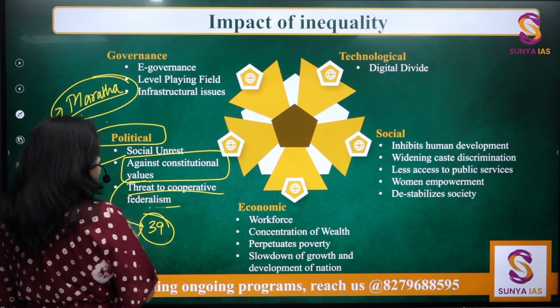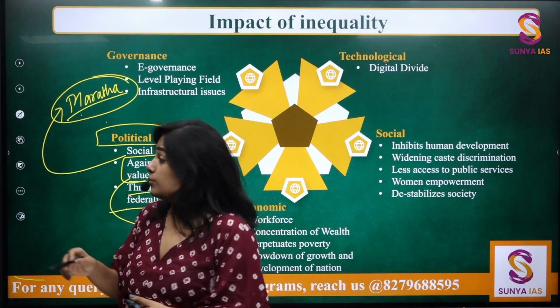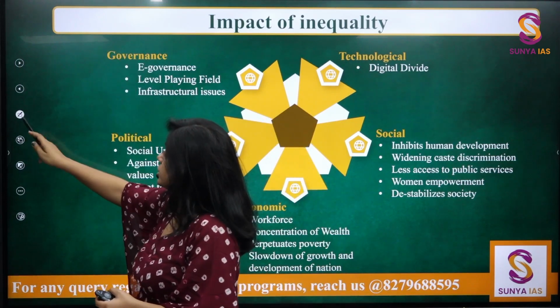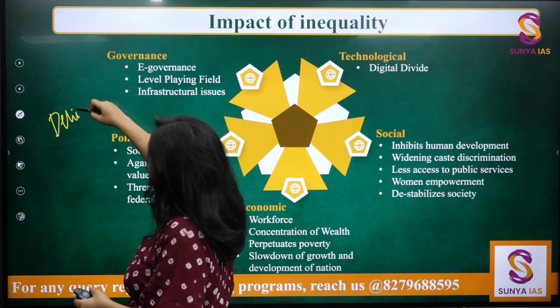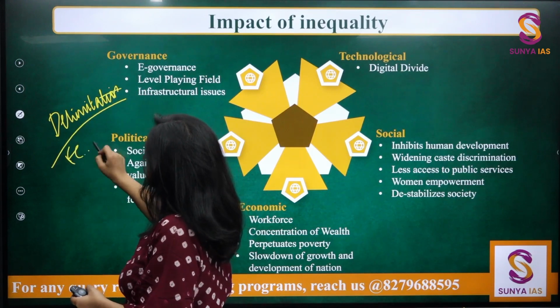And it's a threat to cooperative federalism, because ultimately the states which are well-to-do, and we are seeing this right now when we are talking about delimitation and we are talking about the next finance commission.